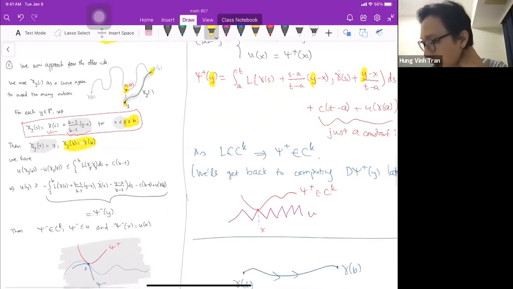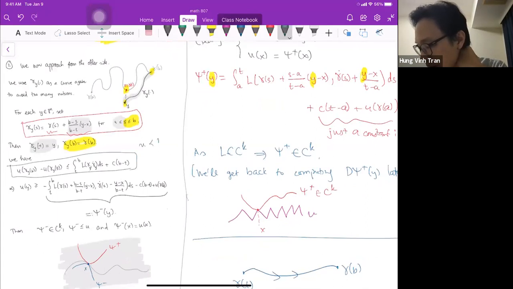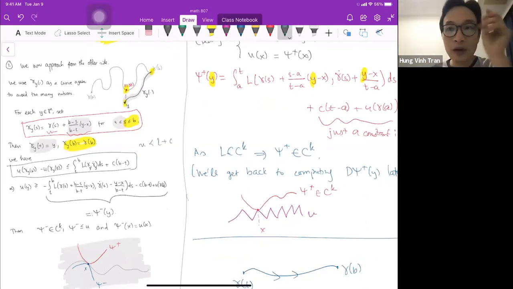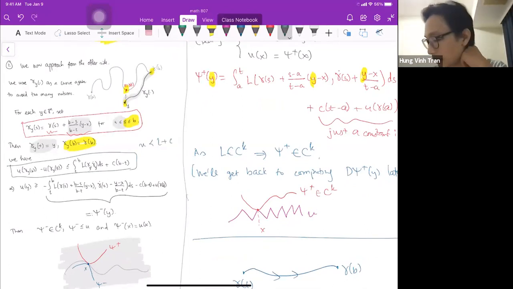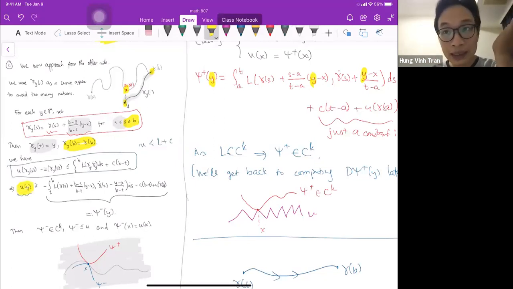And again, we realize the fact that u is dominated by L plus c. So going along the curve gamma, the difference in the value of u is dominated by the action function of L plus c. You rewrite it, and you can see that u of y is greater than or equal to the right hand side. So the right hand side is being dominated by u.